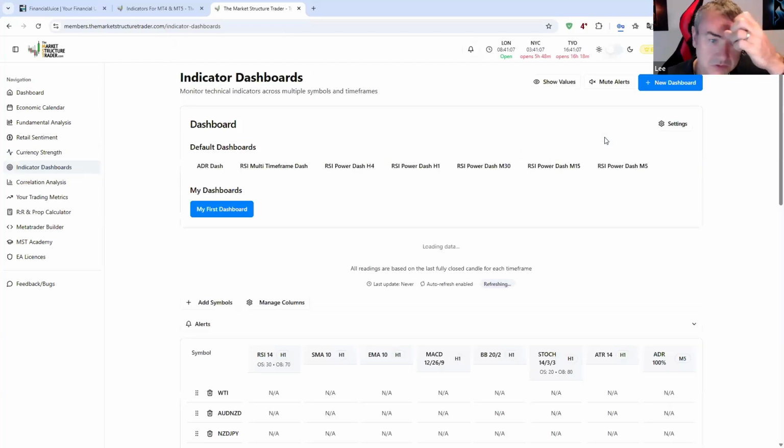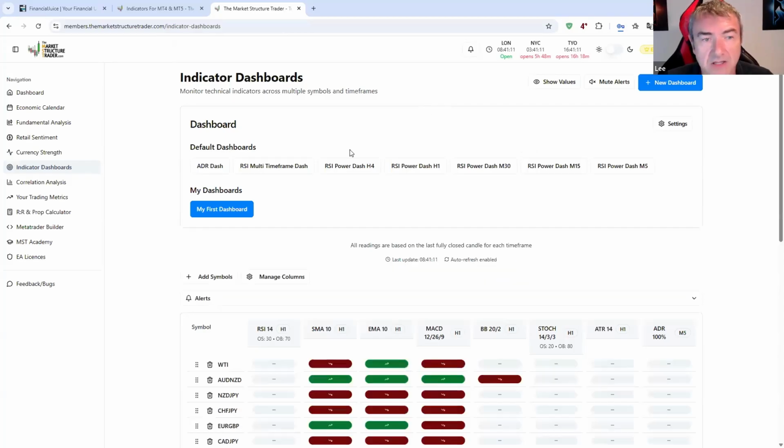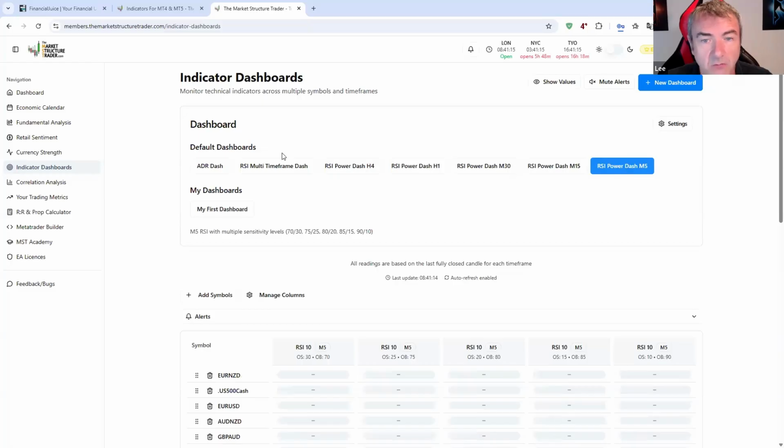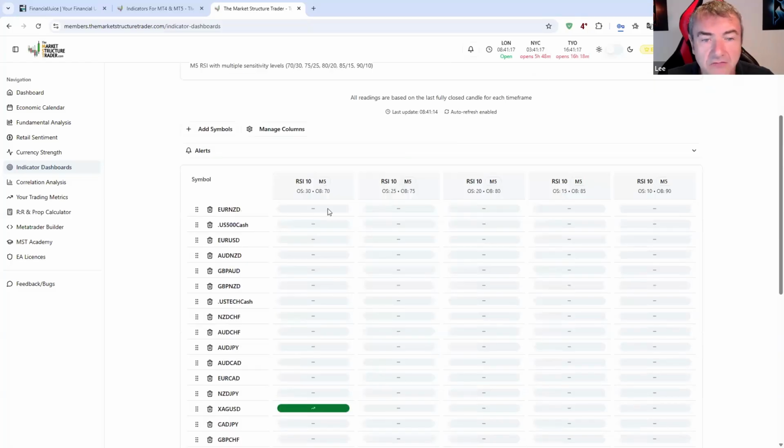Indicator dashboards. I've included in here my main dashboards that I use. So we've got the RSI dashboards. These are what we call power dashboards. This is automatically set up for RSI 10s on the 5-minute time frame. So you've got the 30/70, 25/75, 20/80, 15/85, and 10/90.